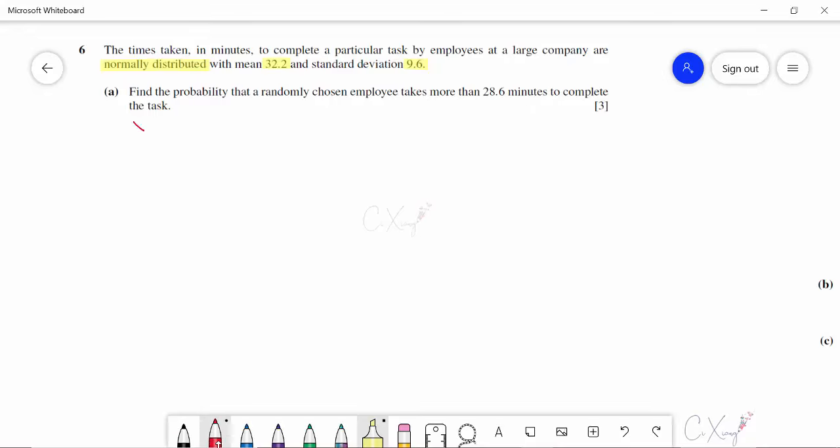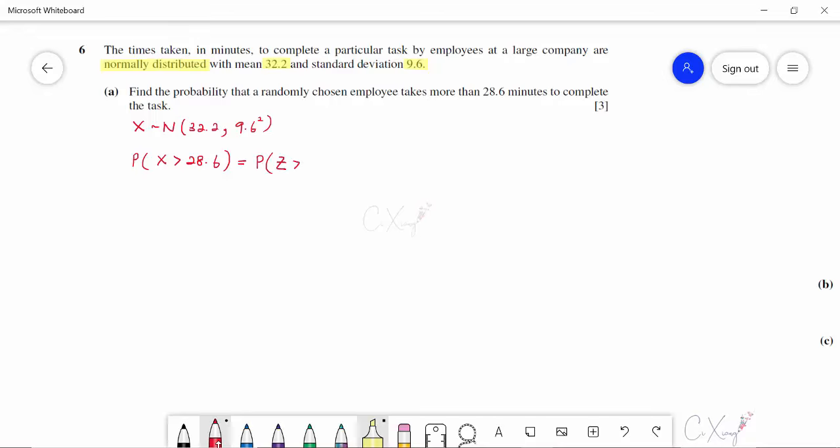All right, so for this one, it is actually normal distributed. The mean is 32.2 and the variance should be 9.6 squared. Okay, and then they want you to calculate the probability for x more than 28.6. Okay, so since this is a normal distributed variable, to find out the probability, you actually need to standardize it.